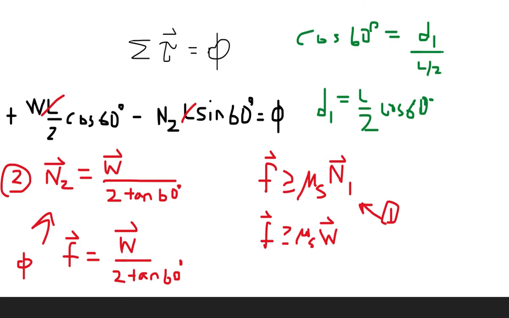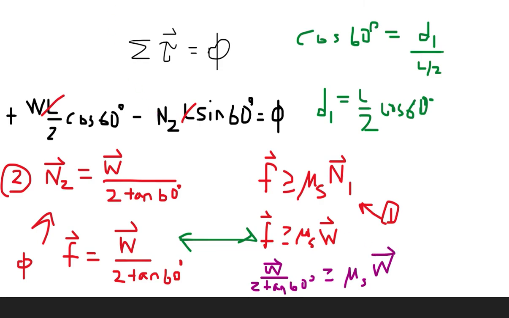Now we can equate these two equations. They both are friction equations. So let's go ahead and solve. We have our weight divided by 2 tan of 60 must be greater than or equal to our mu s times the weight.